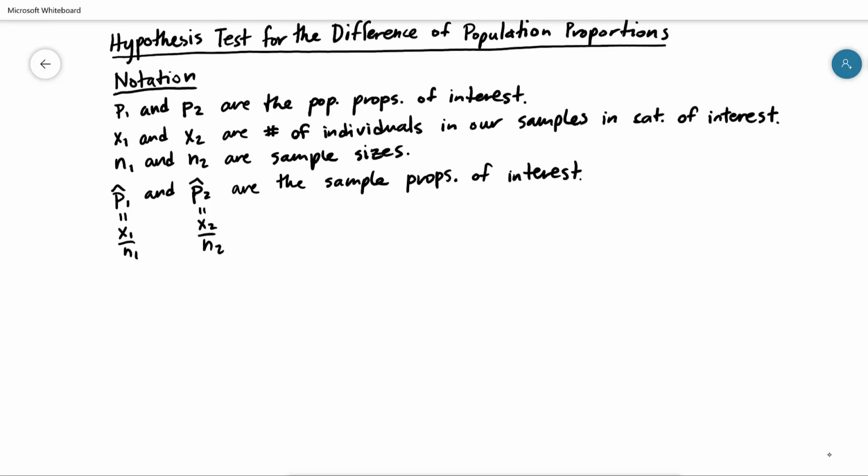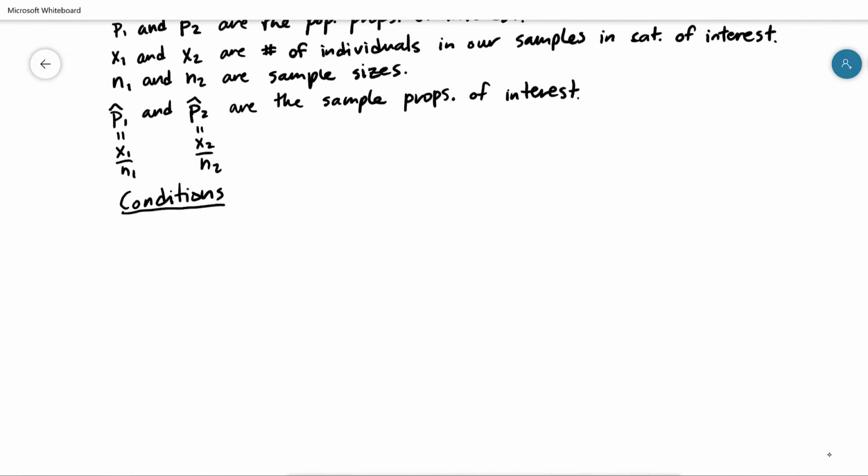So we also have a list of conditions that need to be met in order for us to perform one of these. And these should look familiar. We've seen these in the previous sections. So the first one is that we need a simple random sample, and in this case, because we're taking 2 samples, they also need to be independent. So we need simple, random, and independent samples.